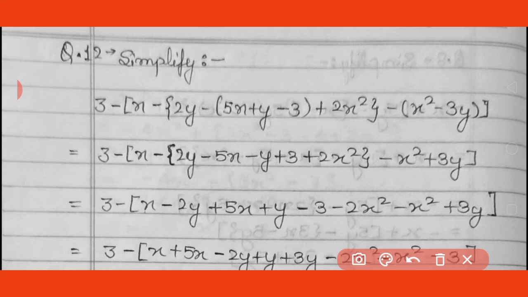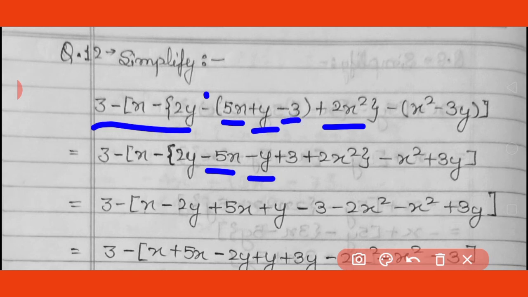Now we have to open all the small brackets first. Whatever numbers or variables are outside of the small bracket will remain the same. Only where there is a minus sign, the inside terms will be changed to the opposite sign. So 5x changes into minus 5x, plus y changes into minus y, minus 3 changes into plus 3.